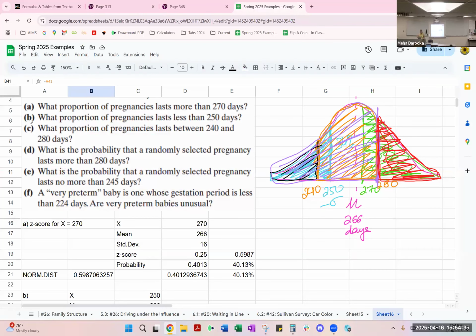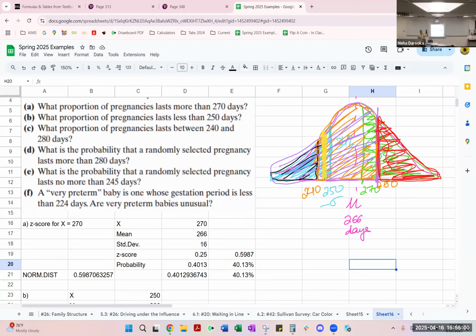So if we're talking about 245 days here, we're gonna try yellow, which you may not even get.